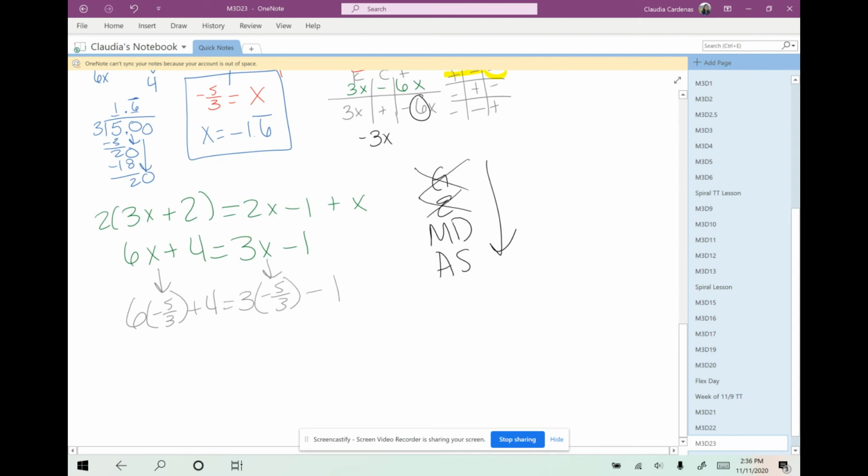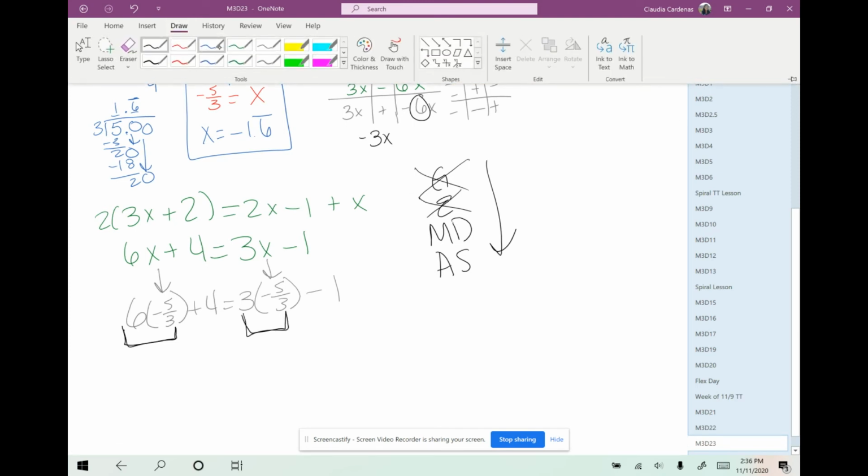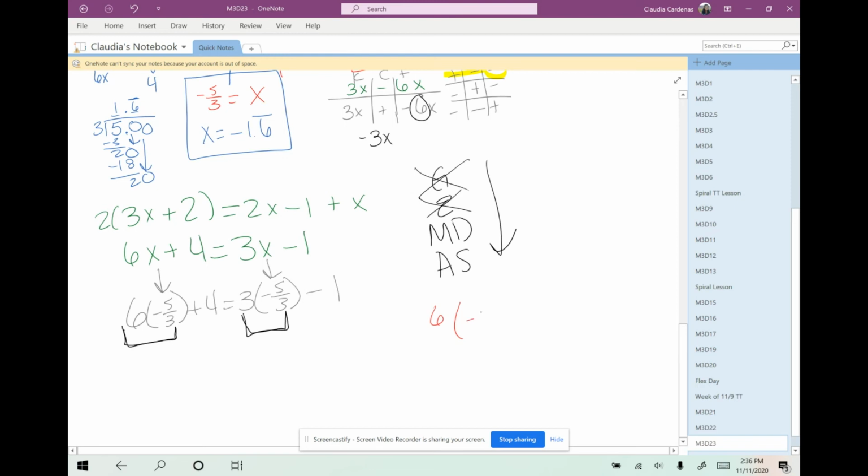So now we can multiply and divide. So I see multiplication here and here. So over to the side, let's go ahead and multiply 6 times -5/3, and I know I make that a fraction by putting a 1 underneath.